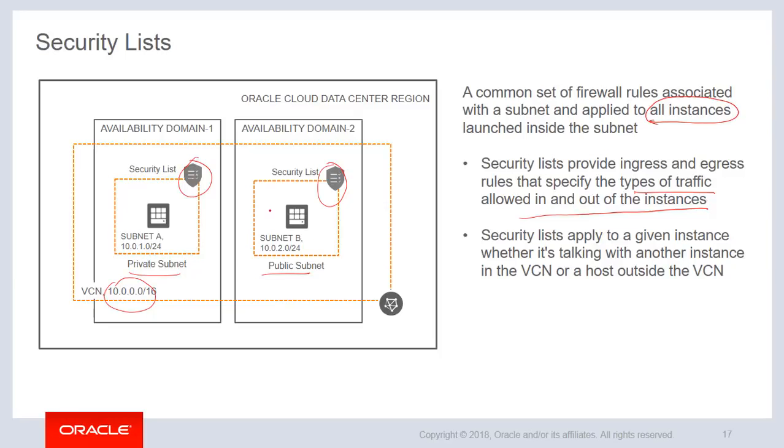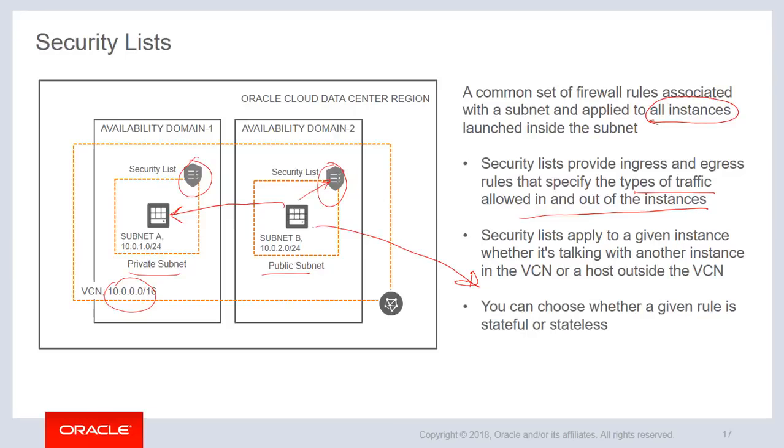So even if this instance is talking to this instance, the security list still comes into the picture, or if this instance is talking somewhere outside, the security list still comes into the picture. In OCI, you can choose whether a given rule is stateful or stateless. So let's look into what that means.